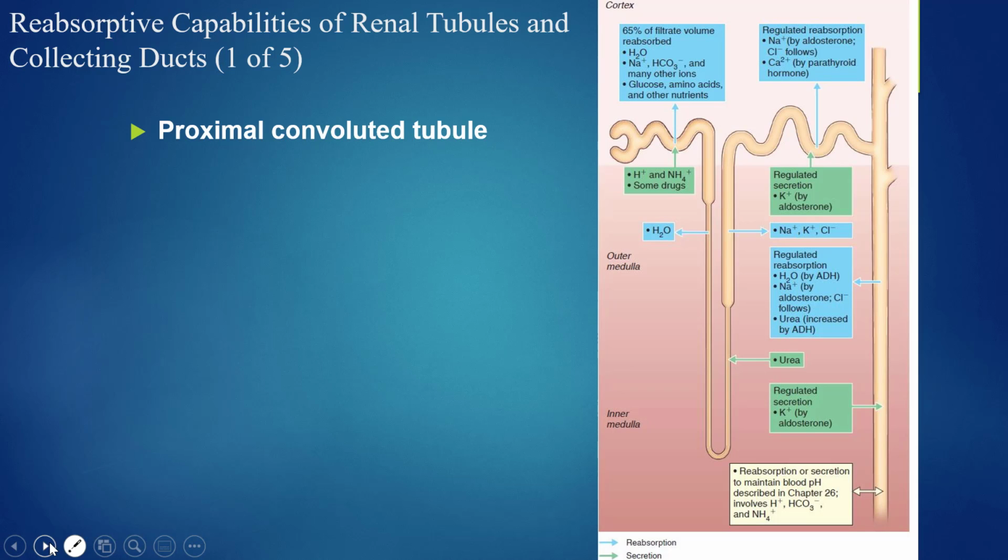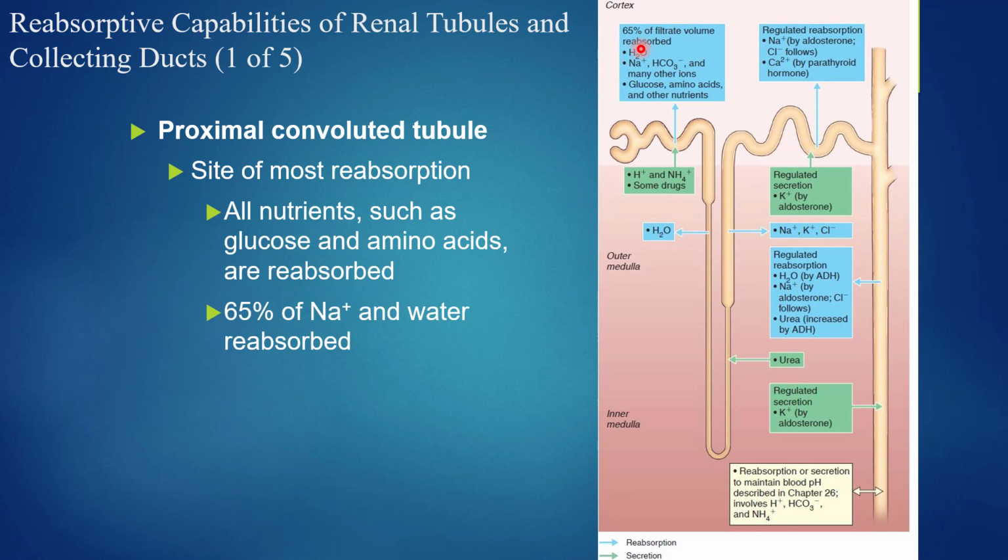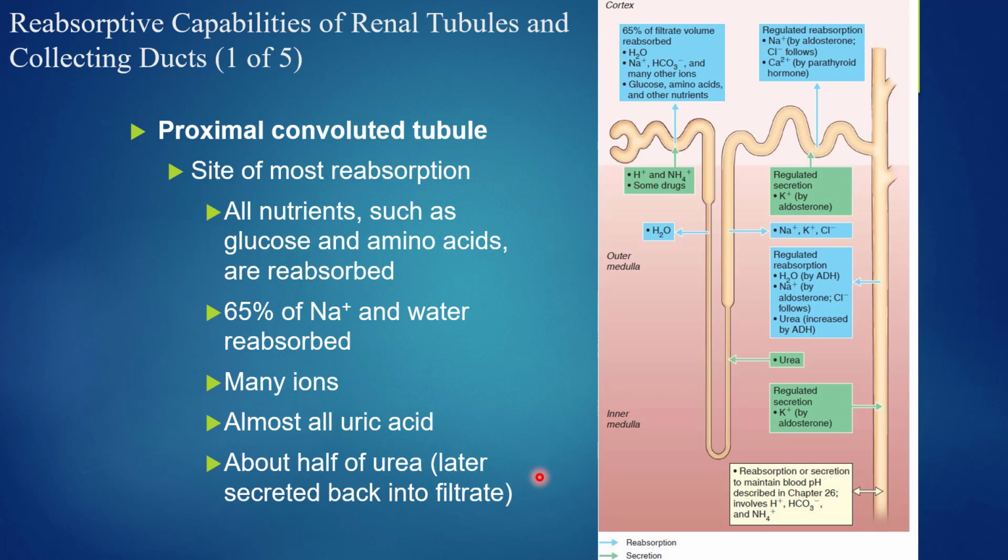So the proximal convoluted tubule is the site of most absorption, and all nutrients such as glucose and amino acids are absorbed here. 65% of sodium and water is absorbed, and many ions are also reabsorbed here, and almost all uric acid is reabsorbed here, and about half of the urea, which later is secreted back into the filtrate, is reabsorbed in the proximal convoluted tubule.